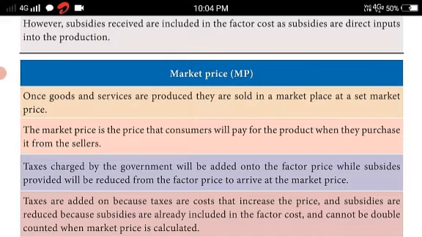Suppose the government provides subsidies to the entrepreneur, which are direct inputs into the production process. That's why it is also included as a factor cost. So you should know about the factor cost. I hope that you learnt what is factor cost.